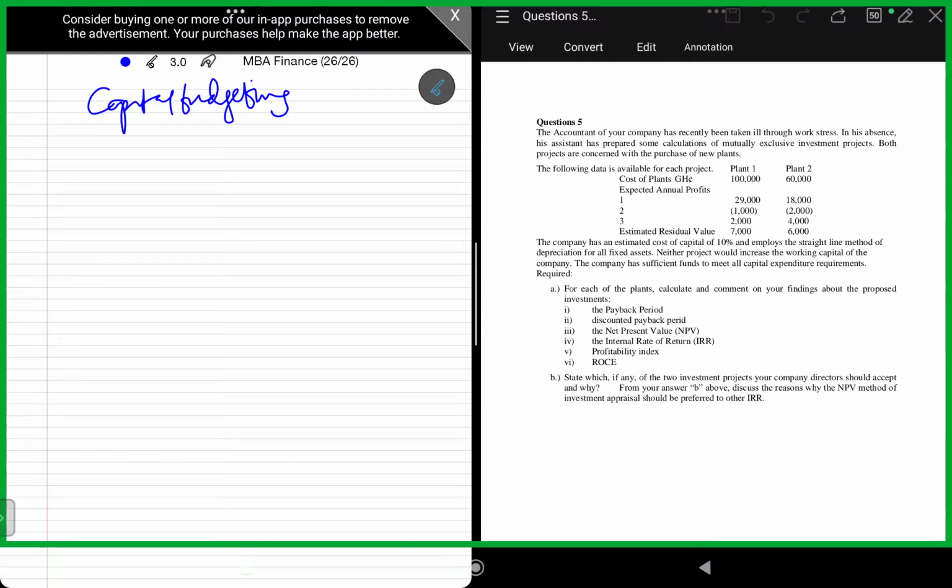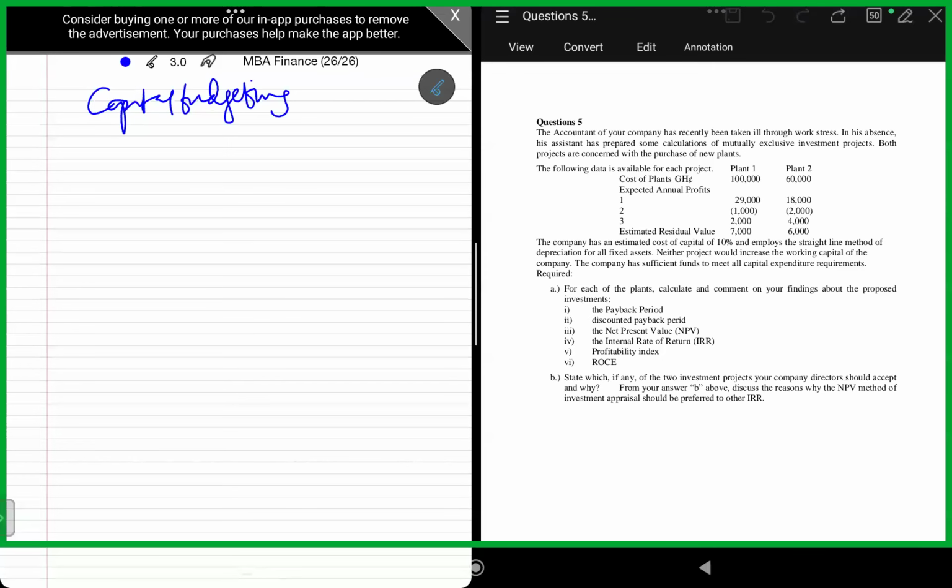We do not make a choice or a decision without alternative courses of action. So capital budgeting is that the business wants to make investments into a capital asset.